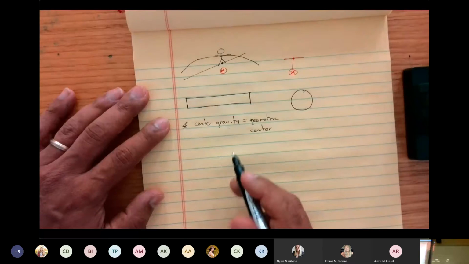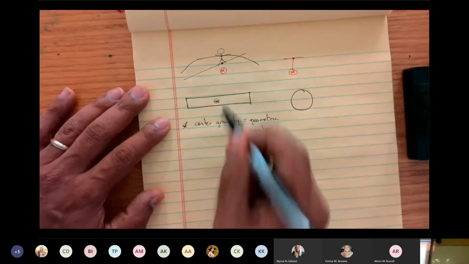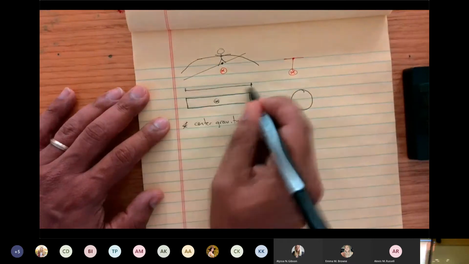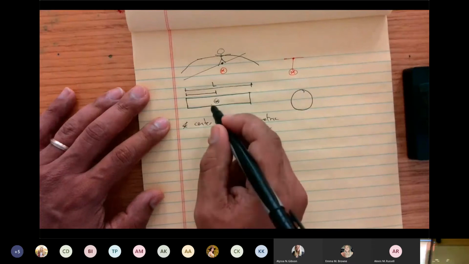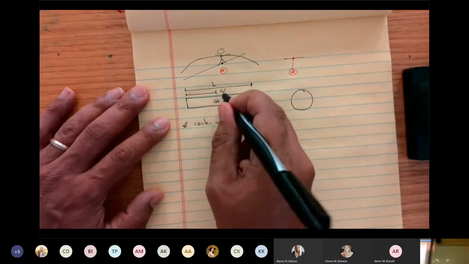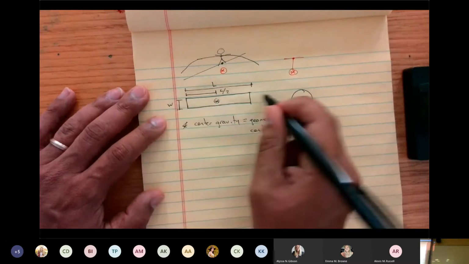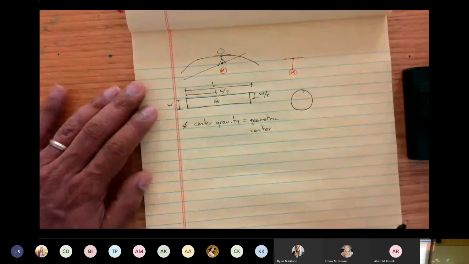So in the case of a rectangle, the geometric center is going to be right here in the middle. So if this has a length of L, the center of gravity is going to be at L over 2. And if this has a width of W, the center of gravity is going to be at W over 2.